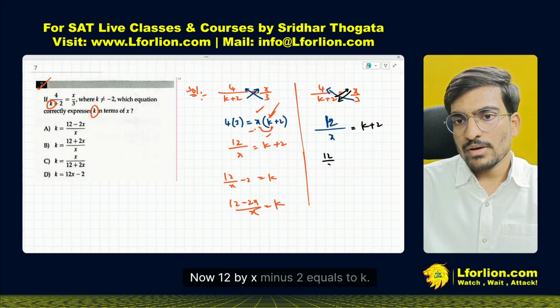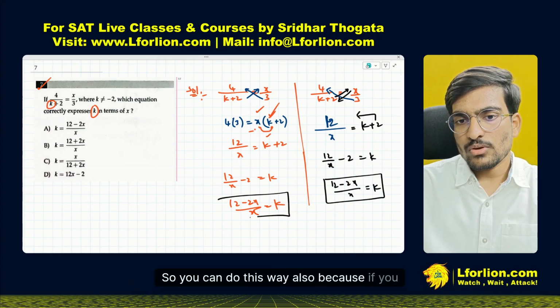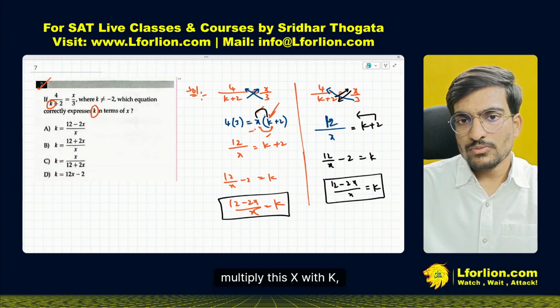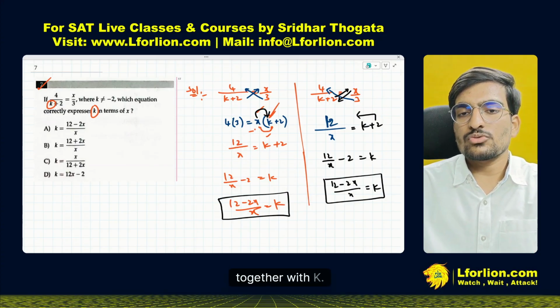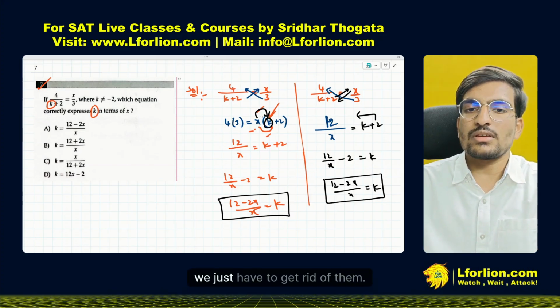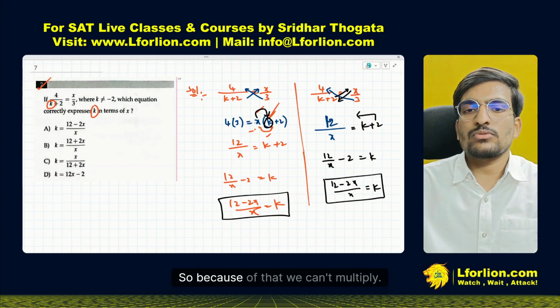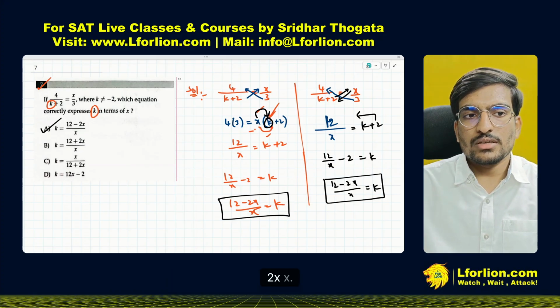Now 12 by x minus 2 equals k, so that equals (12 minus 2x) by x, that equals k. You can do it this way also, because if you multiply this x with k, you're accumulating things together with k. We don't want things together with k, we want only k. So whatever is with k, we just have to get rid of. Because of that we can't multiply. So it's option A, (12 minus 2x) by x.